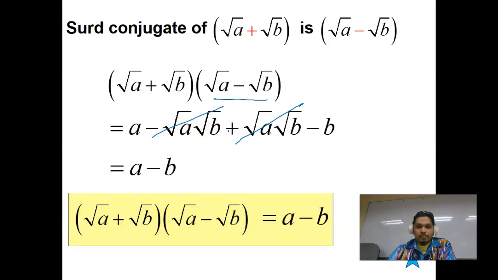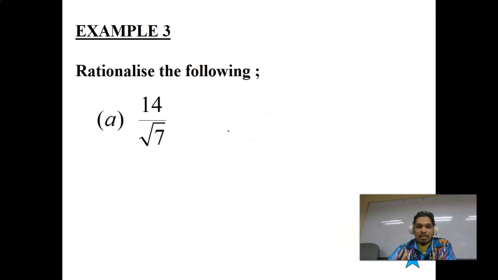Okay, so that is the one that we're going to use. Rationalize the following. What about this one here now?